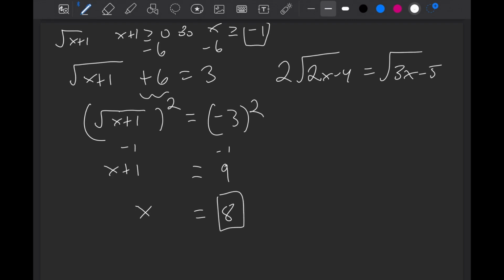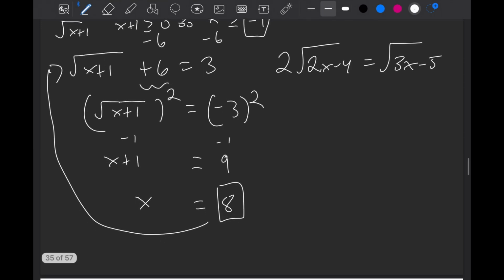And then in this one, interesting enough, if you were to put 8 into the x in the radical, you would get square root of 9 plus 6 equals 3.